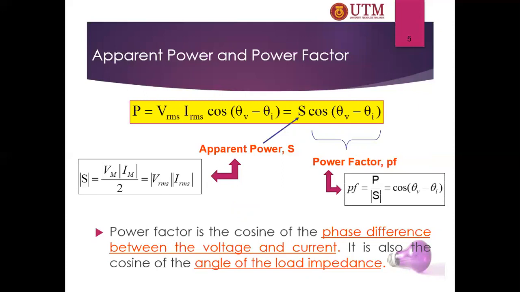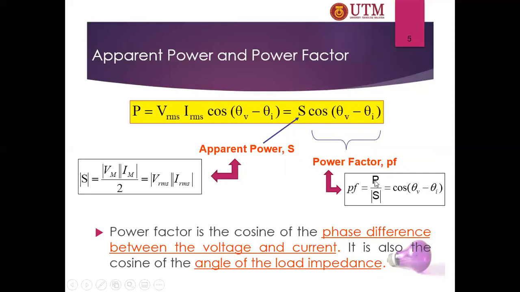Based on the relationship between average power and apparent power, the power factor, which is cos(theta V minus theta I), or sometimes written as PF, can be calculated using these equations.